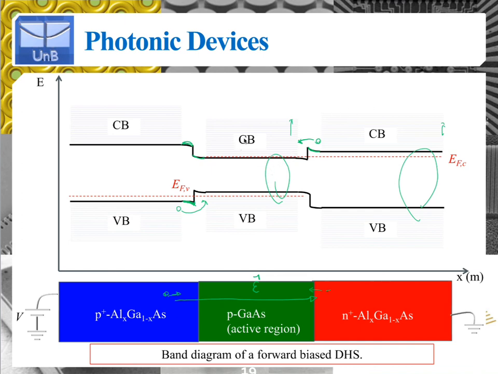And if you have a very large concentration of electrons and holes in the same region, you'll have effective light emitters in this way. So this is the nice thing about the double heterostructure, which was a Nobel Prize, I think, from the year 2000. So you can look this up, but that's the idea behind this device.